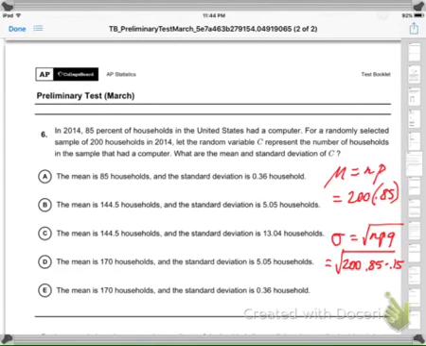Number 6 throws a percentage at you and then asks you about mean and standard deviation. And reading through the problem, we should identify this as a binomial situation. We are checking these households, and it's yes or no. Do you have a computer or not? And we have a steady probability of success. Each household we check, we expect 85% chance. And so what is mean?